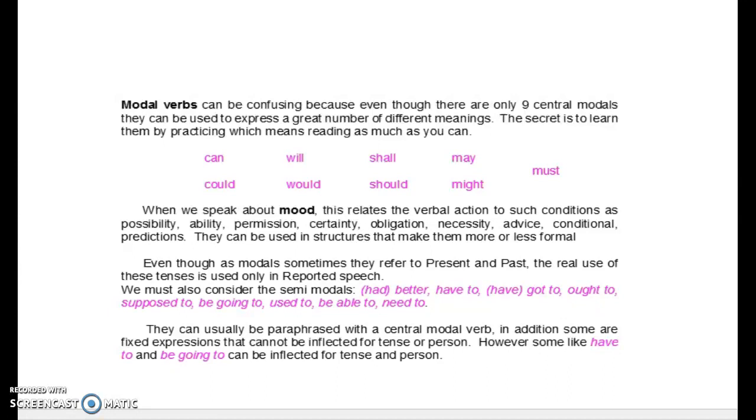So look through them also and see them. The modal verbs are not inflected for tense or for person, but some of the semi-modal verbs are. You have, however, have to and be going to, which are inflected for tense and person, depending whether you are using the first person or the third person.